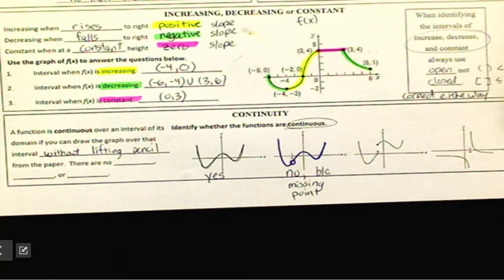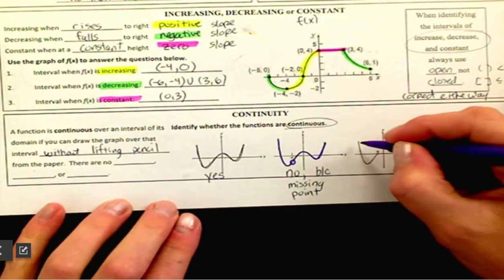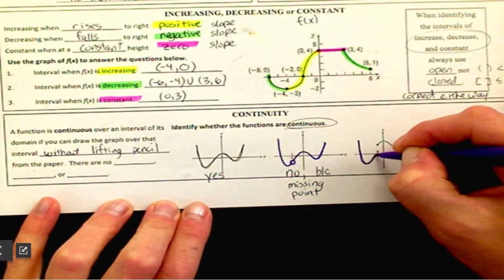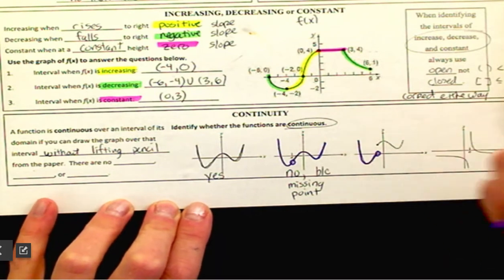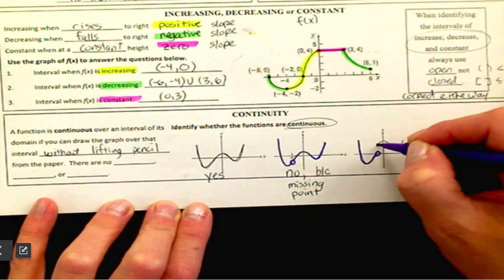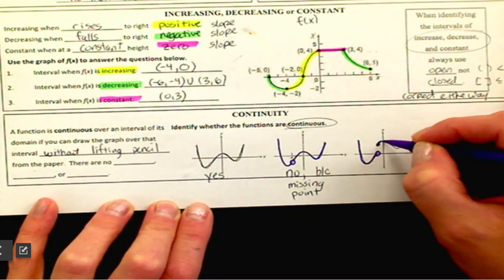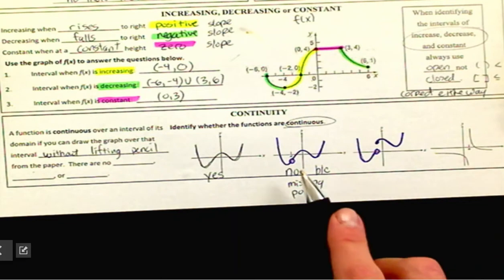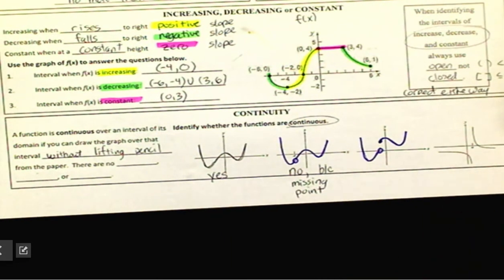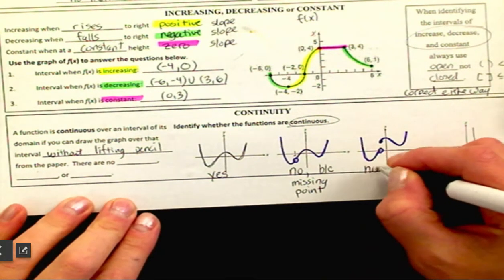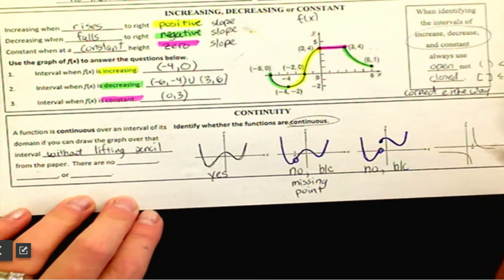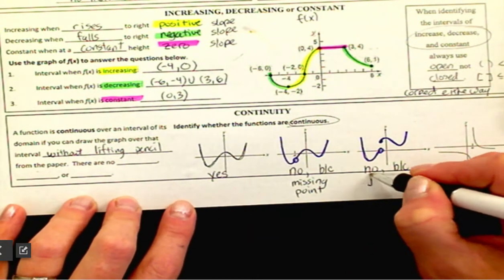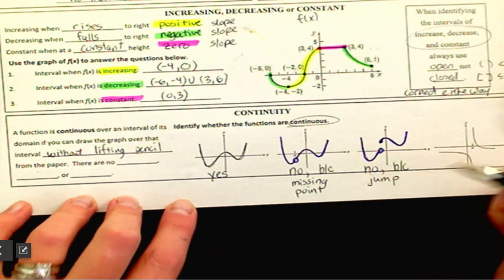Okay, this one looks pretty clear. I start on the left side, I trace it, and then I skip up to the next section and I trace it. And I did lift my pencil. But how do I describe the difference between this and this? Because I lifted my pencil both times, but those pictures are clearly different. So not continuous because there's a jump.